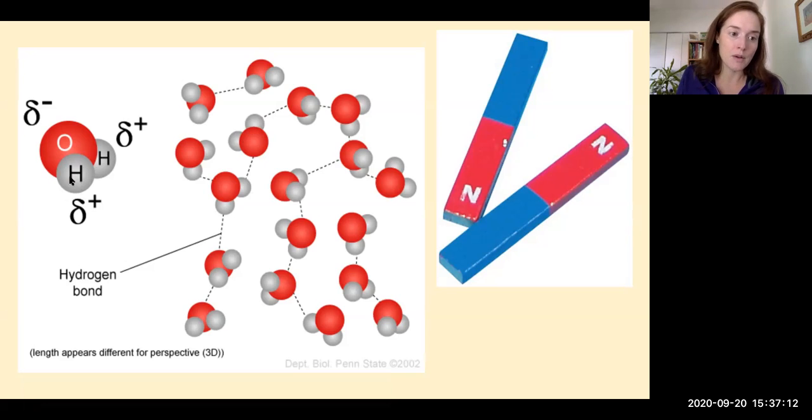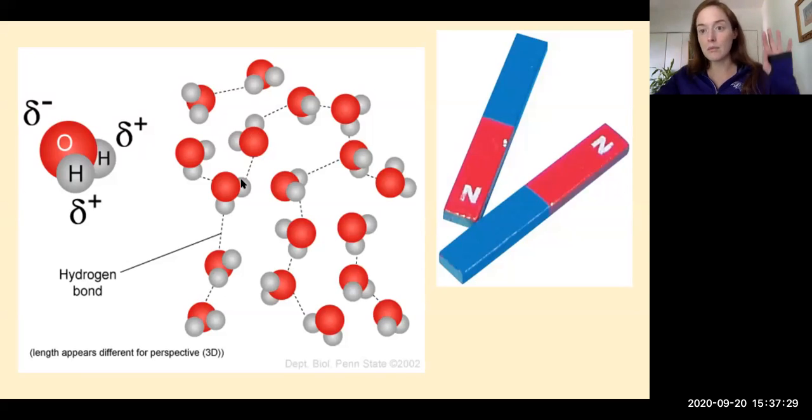The hydrogens have a partially positive charge, and so they'll be attracted to a partially negatively charged oxygen of a different water molecule. So just think about that. It's not just going to be molecules interacting in their own space. Because of the polarity of water, you'll have attractions between different water molecules. And that is going to give rise to these unique properties of water. That's the argument I'm going to try to make, I'm going to try to sell you on, okay?